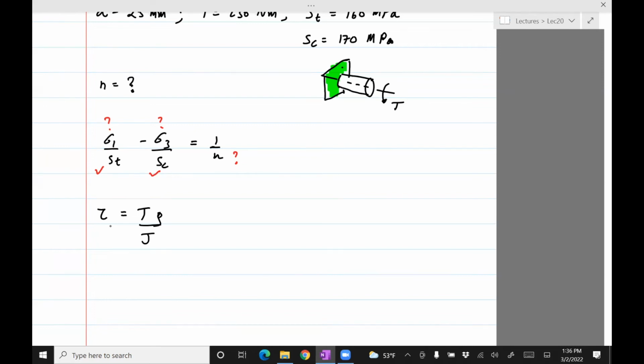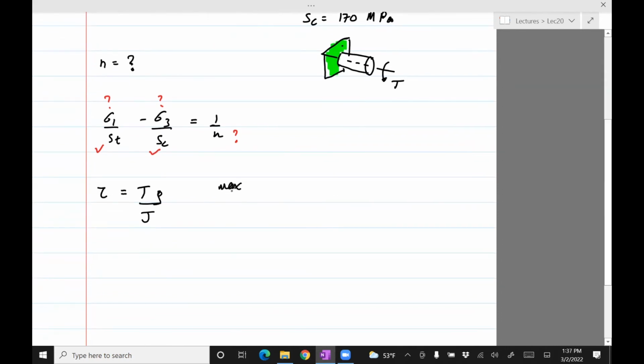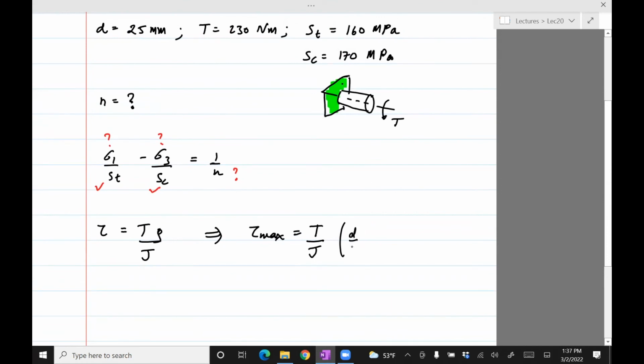If you want to figure out where the maximum stress occurs, it will be on the outer surface of the shaft. When you put rho equals the radius, we would have tau equal to maximum because tau is proportional to rho if T and J are fixed. So tau max equals T r divided by J. And since we're given the diameter, I'm just going to use D divided by 2, which is the radius.